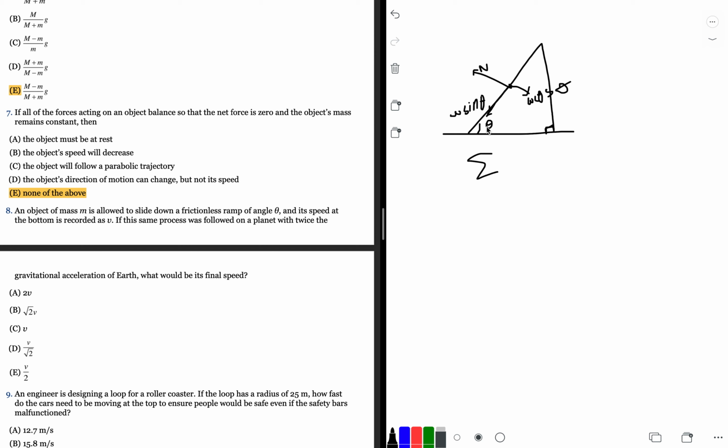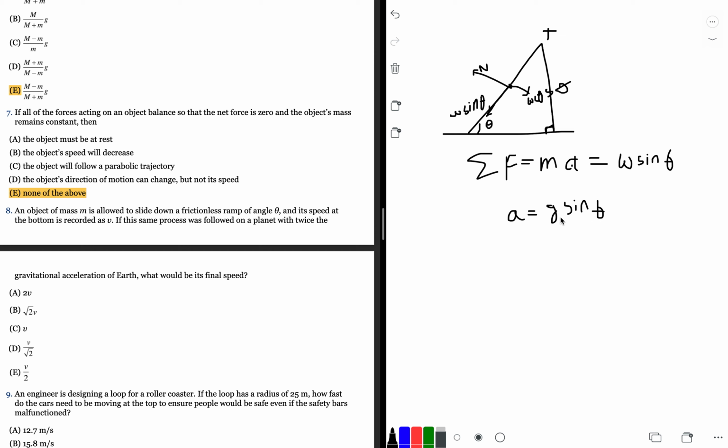So you actually have here the net force in what we'll call the x direction, down the ramp, parallel to the ramp, is equal to ma, but it's also equal to W sine theta. So its acceleration is equal to g sine theta, because the weight is mg and the m's cancel.